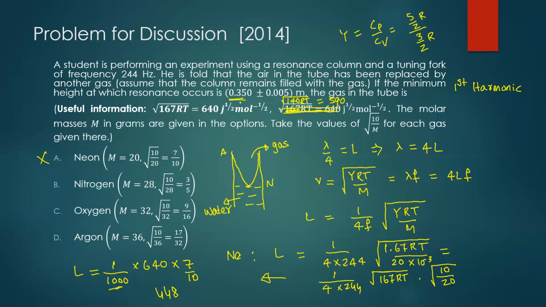So we will try the same thing for argon maybe. Or maybe we'll go in sequence, because we will have to try everything here anyway. So let's say I try nitrogen. For nitrogen, what will I get? The length I'll still use as 1 by 1000.